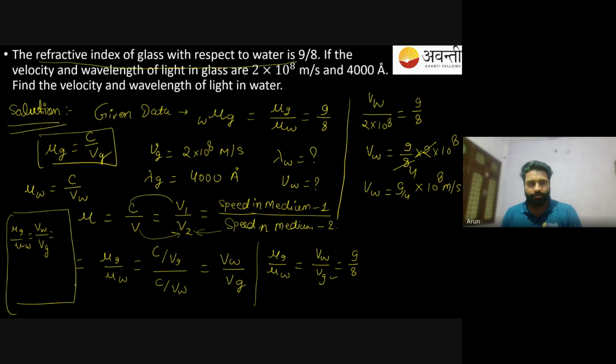What formula? The formula is V equals n lambda. So from here we can say that this VW and VG is nothing but what? n and n got cancelled out. So it is lambda of W divided by lambda of glass. Okay. And that is provided to you.